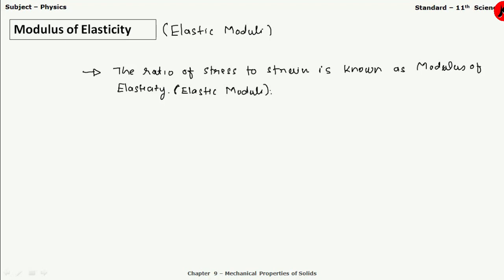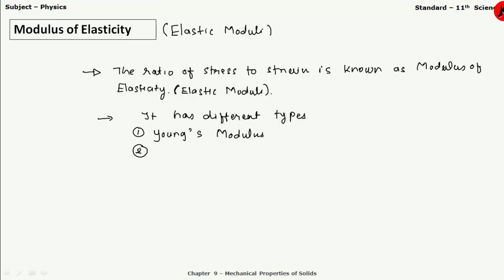Now modulus of elasticity has different types. The first one is Young's modulus.